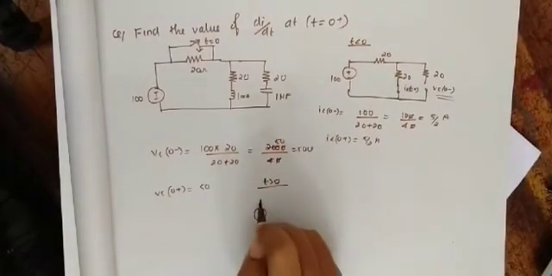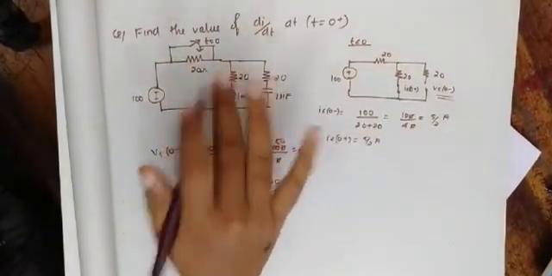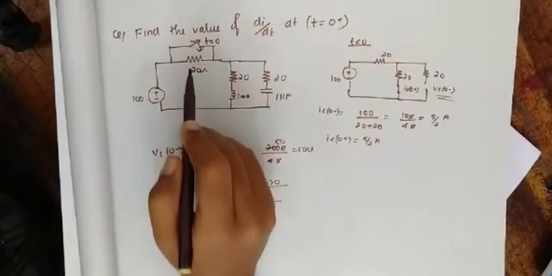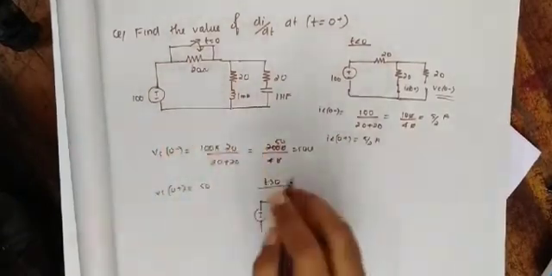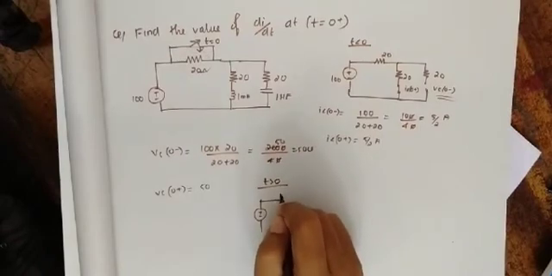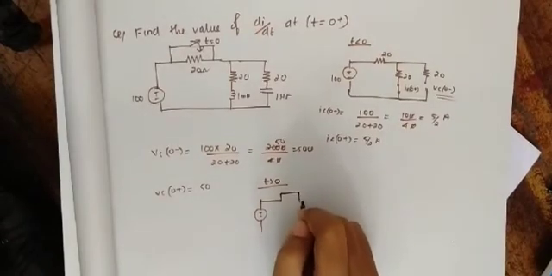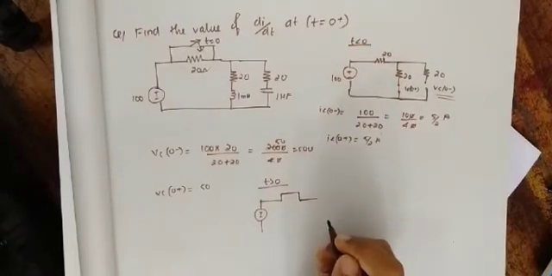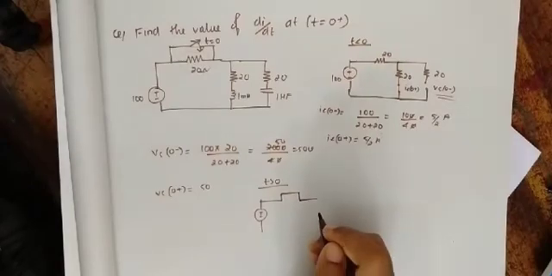If the switch is closed, what happens? This is short circuited. Short circuited means this resistance can be neglected, because if a resistor is in parallel with a short circuit, it can be neglected, as current always chooses the path of least resistance.